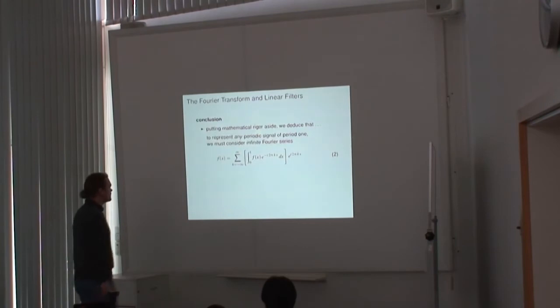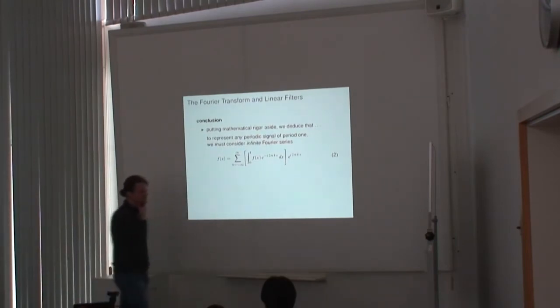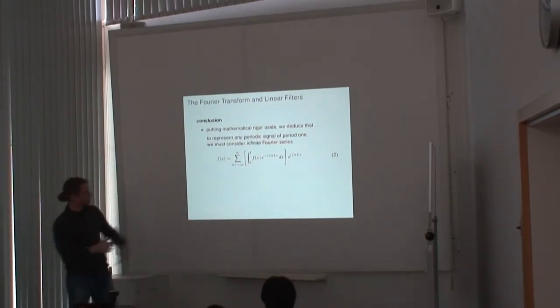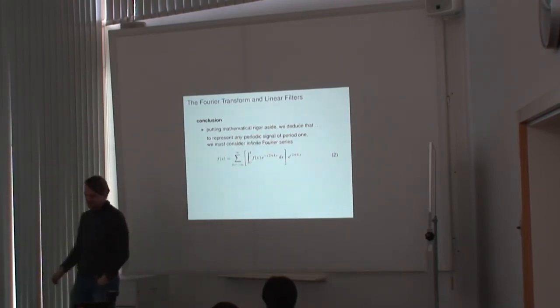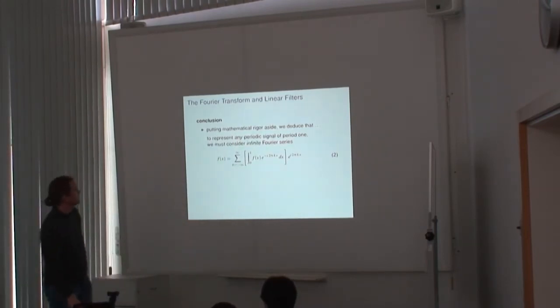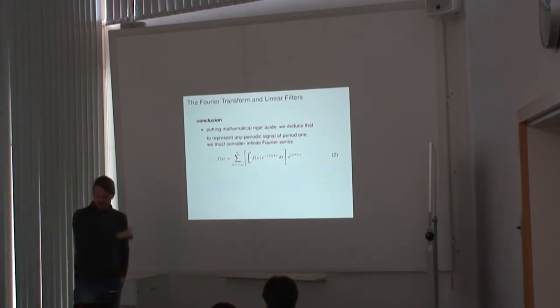Well, whenever we are dealing with infinite series like that, this is called a series. It's a summation over very, very many terms. Whenever we are dealing with things like that, the question is, does it exist?